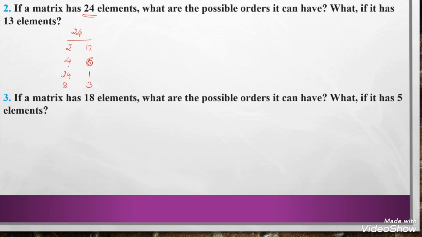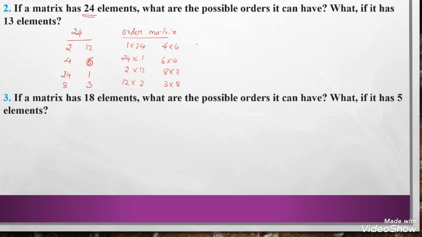So there are 4 factor pairs: 2 into 12, 4 into 6, 24 into 1, and 8 into 3. Now the orders of the matrix can be written as 1 cross 24, one row and 24 columns; then 24 rows into one column; 2 cross 12, 2 rows and 12 columns, and 12 rows, 2 columns; then 4 rows, 6 columns, and 6 rows, 4 columns; then 8 rows, 3 columns, and 3 rows, 8 columns.